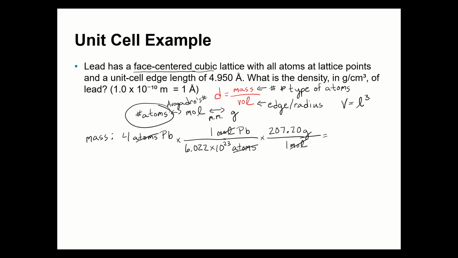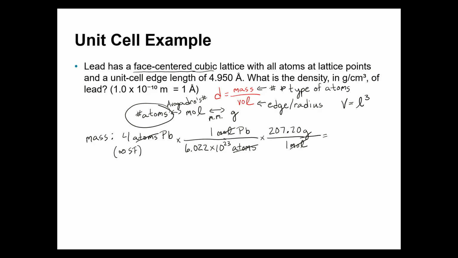And 4 is, remember, a counting number, so that's exact, and that's going to have infinite sig figs. And anytime you see me write a capital SF, that just stands for significant figures. Okay, so our sig figs must come from either Avogadro's number or from the molar mass.